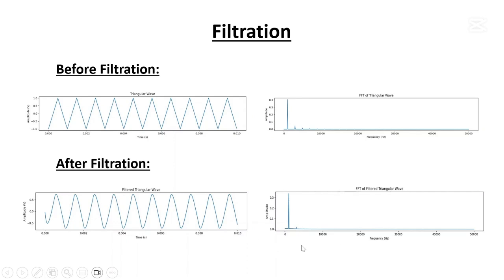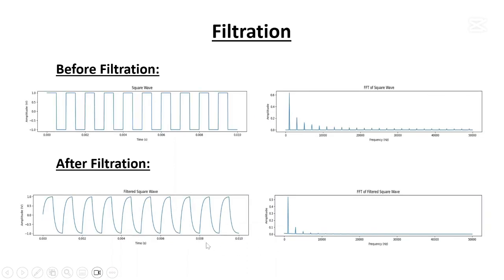So I can say that after passing through a low pass filter, its harmonics will decrease, and you can see the effect here. Alright, if we talk about the square wave, before filtration the square wave was like this one, and it has a great number of harmonics. After passing this signal through a low pass filter, it will look like this one, and again the harmonics will reduce.